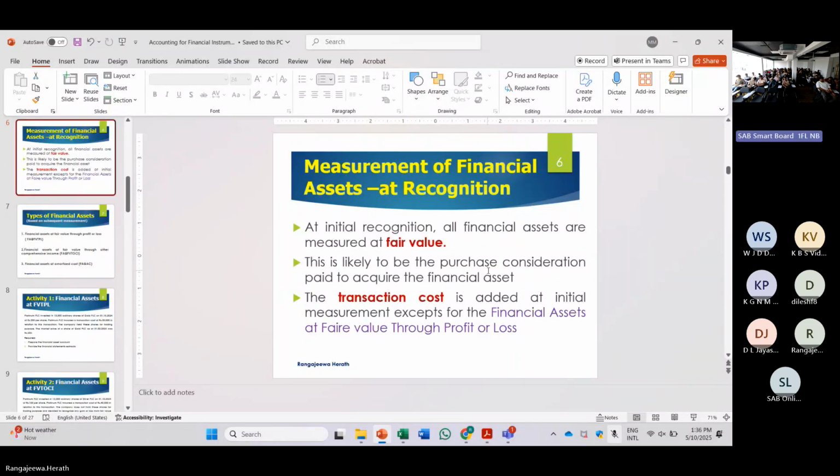Fair value is the purchase consideration in most cases. That's why we take the purchase price as the fair value. Transaction cost is added at initial measurement, except for the financial asset at fair value through P&L. Right?